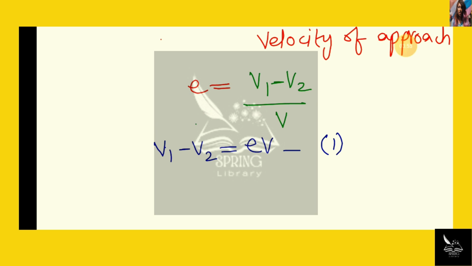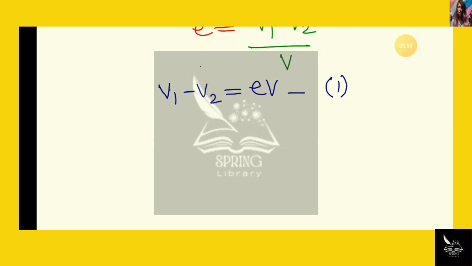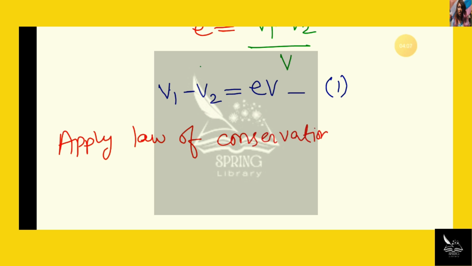Now next step is, here I am applying law of conservation of linear momentum. So according to this law, I can say that the linear momentum after collision will be equal to linear momentum before collision.